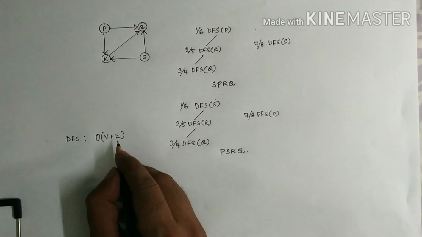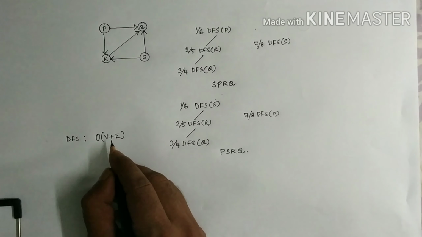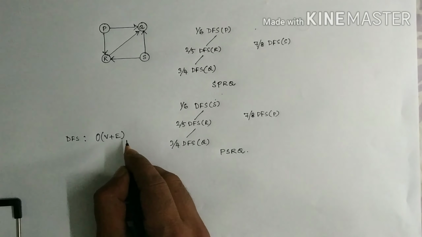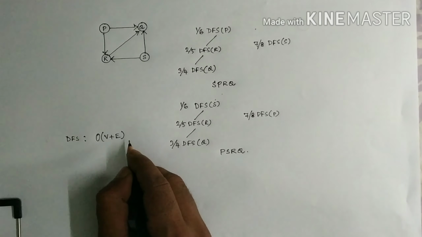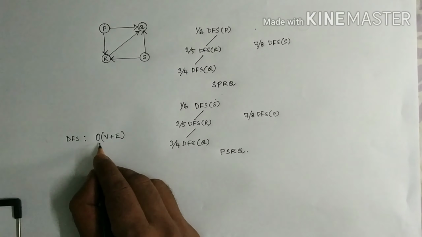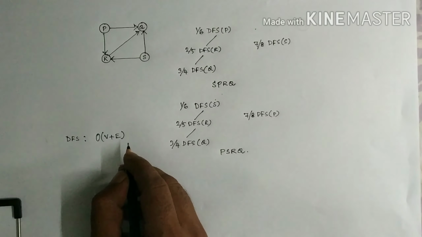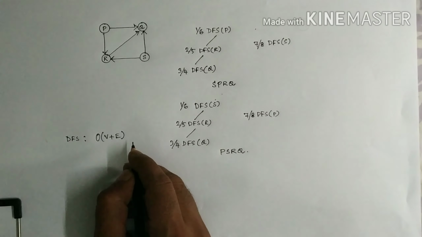Since the DFS algorithm has time complexity of order V plus E, where V is the number of vertices and E is the number of edges, the time complexity of topological sort using DFS becomes order of V plus E. Now in this video we discussed two directed acyclic graphs, each having more than one solution.